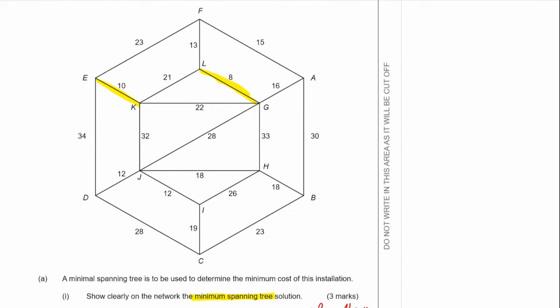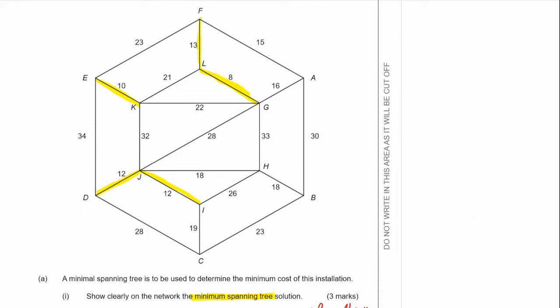So after 10 comes 12. We haven't created a loop or a cycle yet. We can pick another 12. Haven't created a loop or a cycle. Then we can pick 13. Still no loops or cycles.